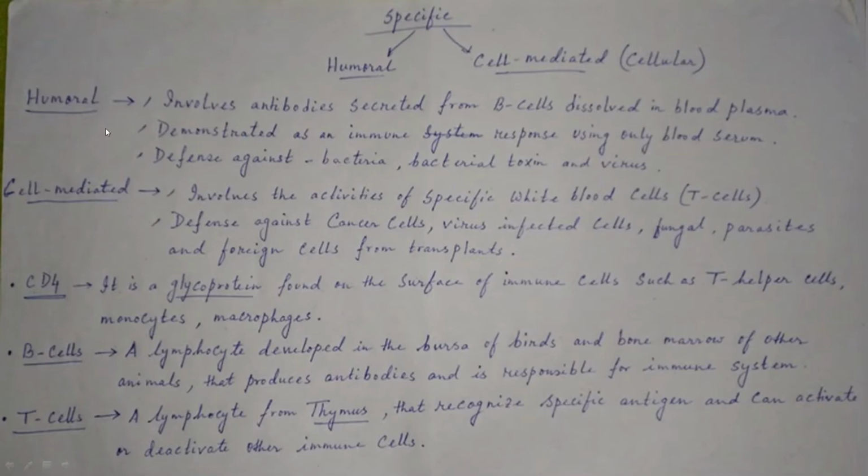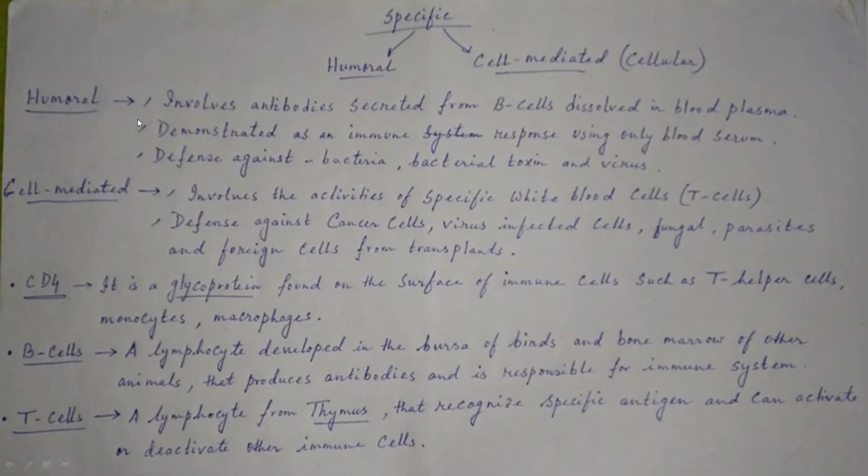So what is humoral? Actually, it involves antibodies secreted from B cells or beta lymphocytes. Again, I repeat, what is humoral? There are some features of humoral and cellular.